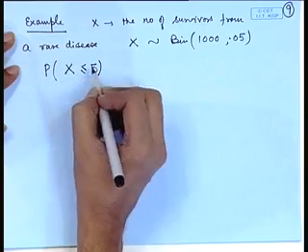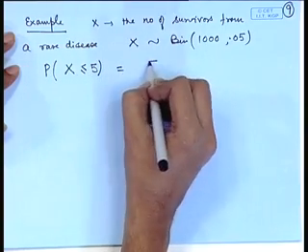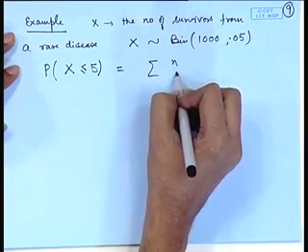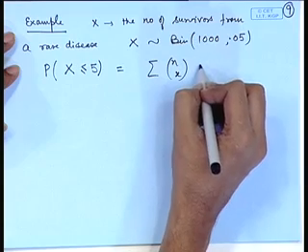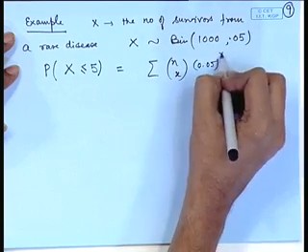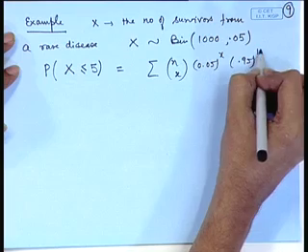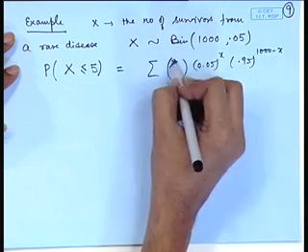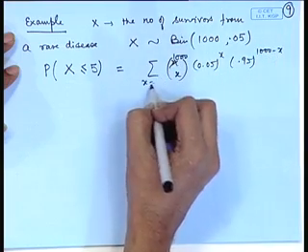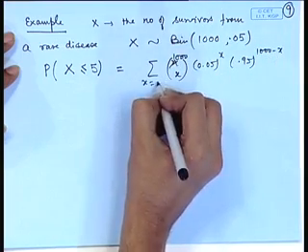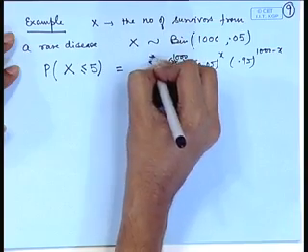Now, if we directly want to calculate this one, then it is equal to nCx 0.05 to the power x 0.95 to the power 1000 minus x. Here n is 1000, x is equal to 0 to 5.